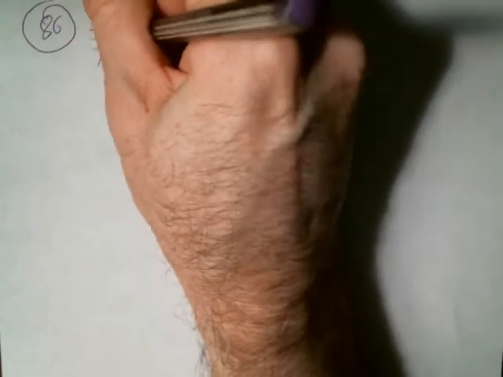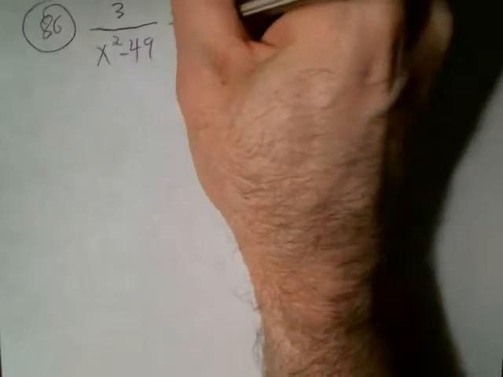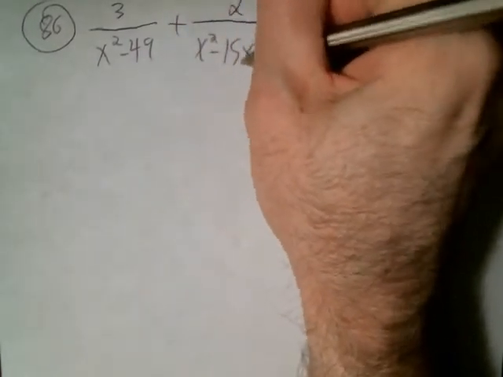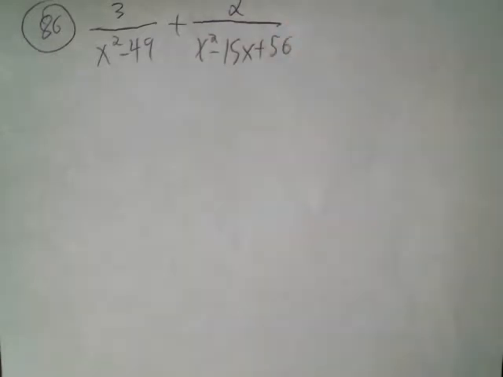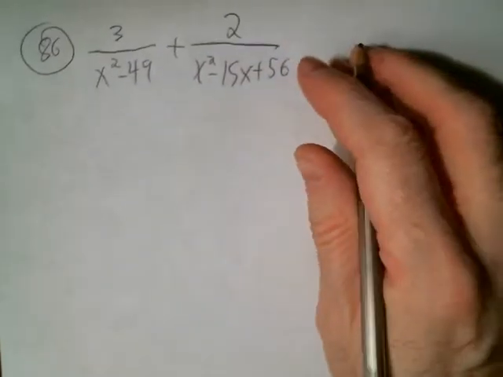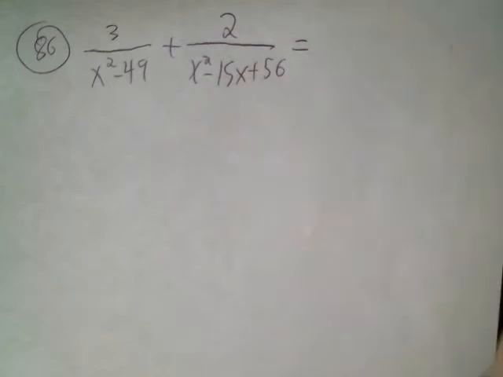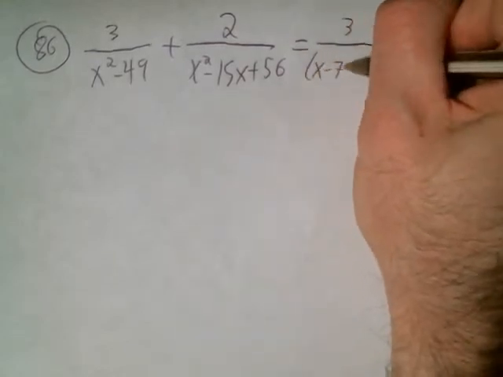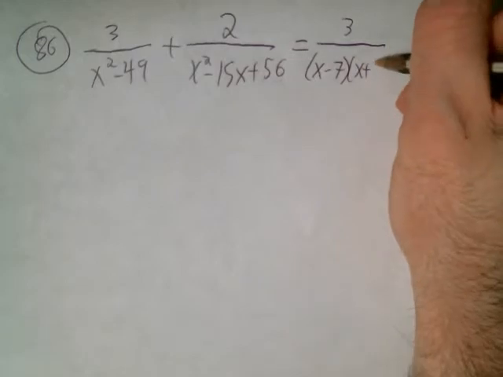This is 86. Okay. Factor the denominators. First one's a difference of squares.